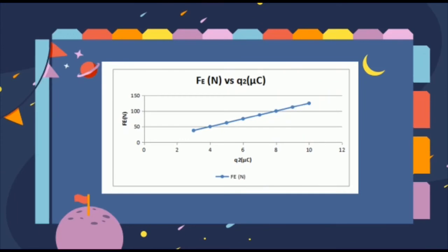Here we have the graph of Fe against Q2. We can see it is a linear graph. As Q2 was increased, Fe also increased in effect.